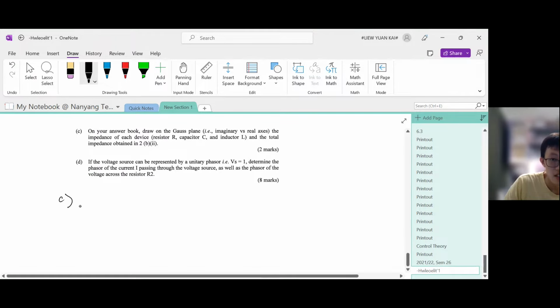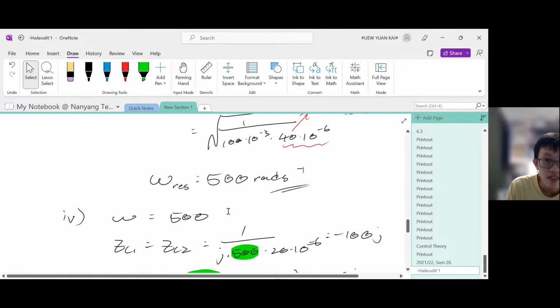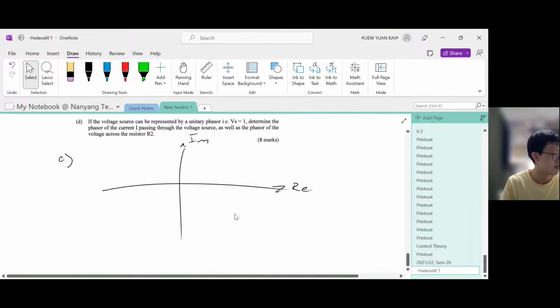So part C. Of course we need our imaginary axis and real axis, for each of the devices. Okay. So earlier, what did we get? Let me just pull up my values.